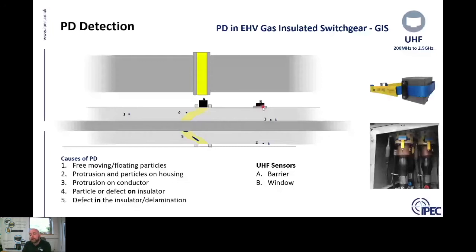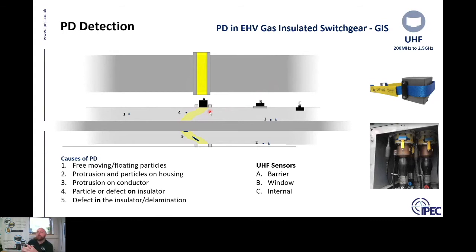Also, more modern GIS equipment has pre-embedded or pre-installed UHF sensors. So for EHV GIS, the sensors that are used are UHF sensors, with a typical frequency range between 200 megahertz and 2.5 gigahertz. And there are three types of sensors that are generally applied: barrier sensors, window sensors, or existing internal sensors.